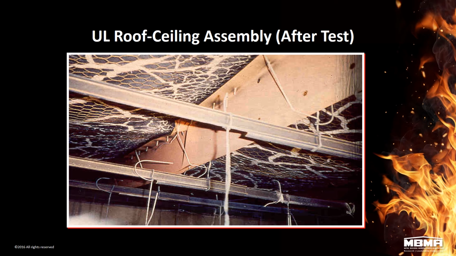You will see in particular that there is a local buckle in the upper flange of the roof purlin. Also, the fiberglass insulation has melted away. That is gone. But the important point is that the assembly itself is intact. There have been no failures, even though there is some fire-induced damage.